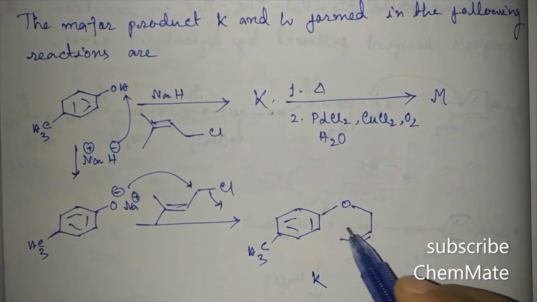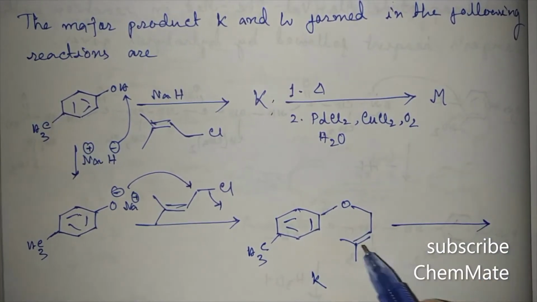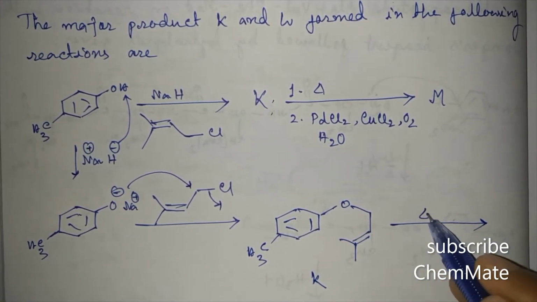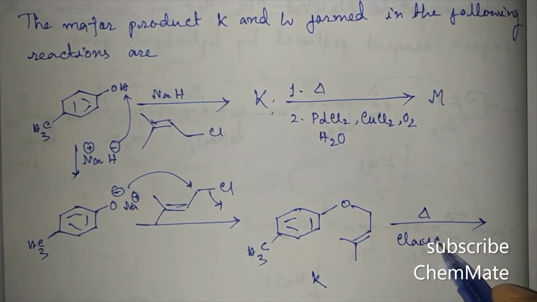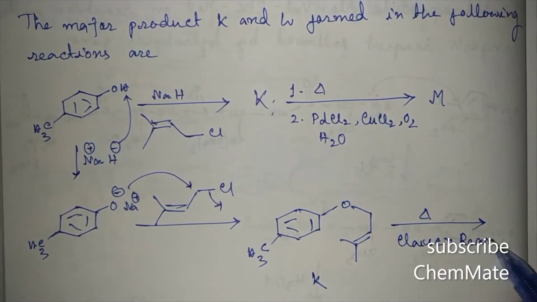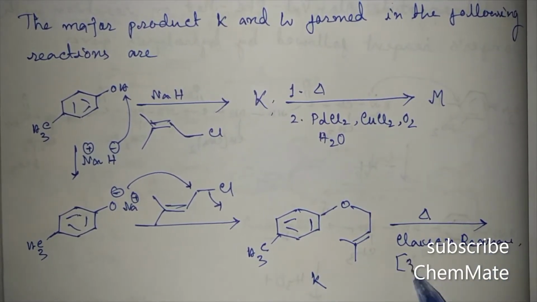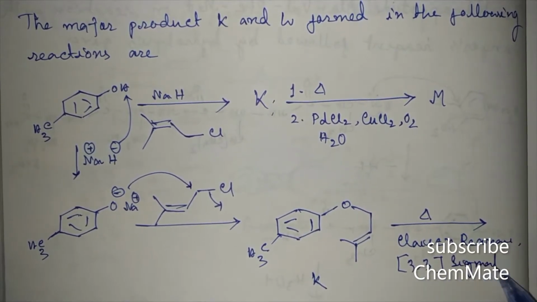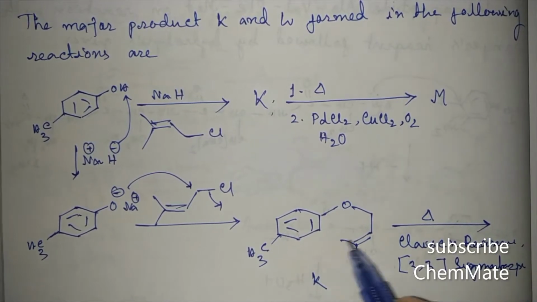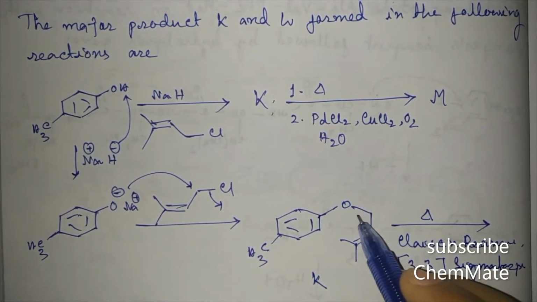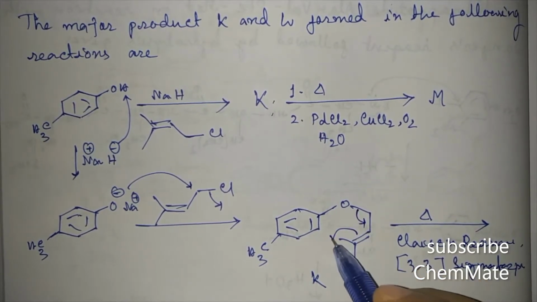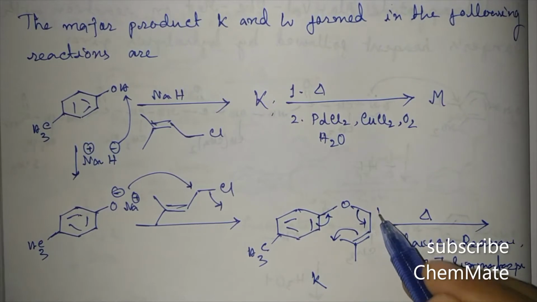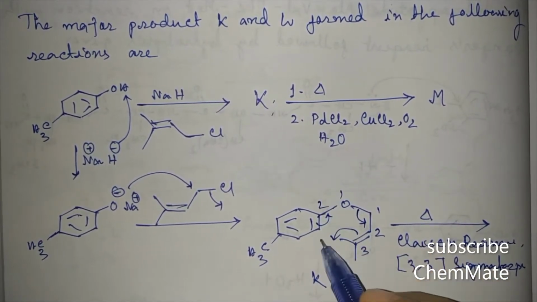This is the K. Now this allyl ether on heating will undergo Claisen rearrangement, which is actually a 3,3 sigmatropic rearrangement. So what will happen? 1 2 3, 1 2 3.